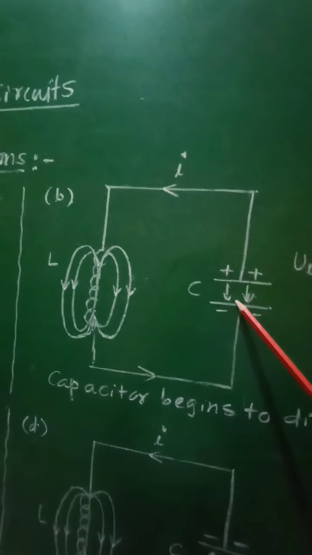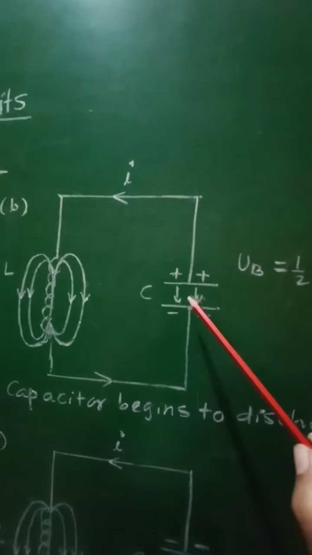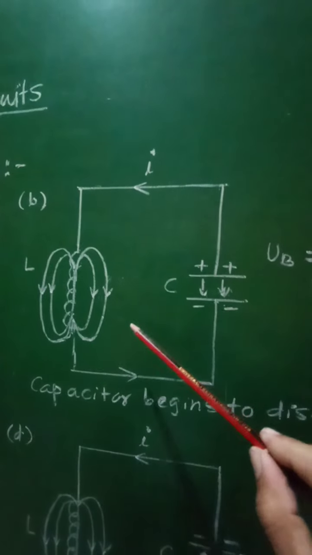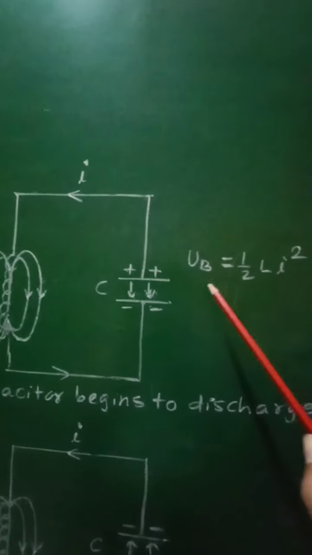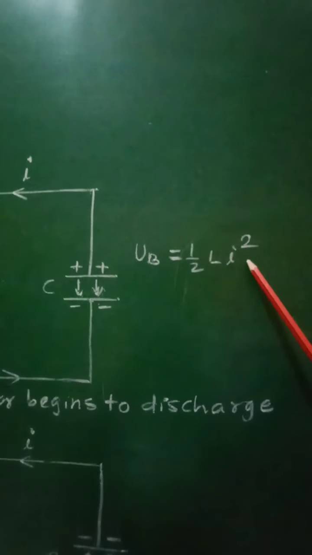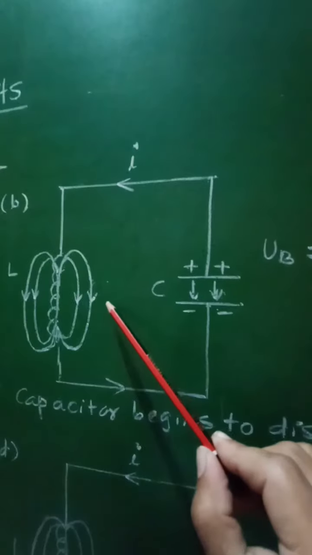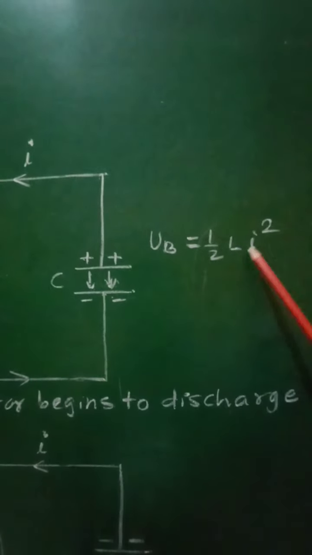So during the discharging of this capacitor, some part of its electrostatic energy will be converted into magnetic energy, which is given as UB equal to half Li squared, where L is the self inductance of this inductor L.